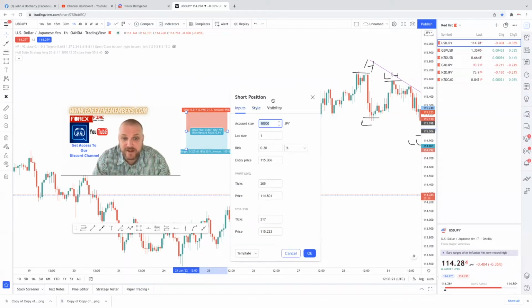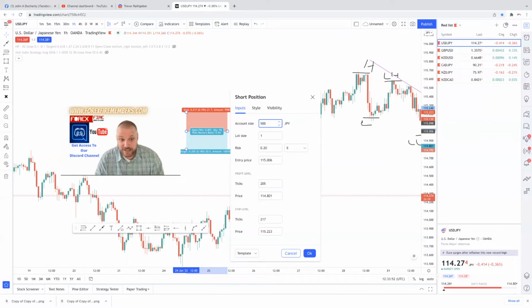Now, this is the area I want you to take notes on, okay? This bit you can take notes on. This bit is important. So on here, you'll see account size. Now, it says JPY at the moment. It's just the currency that's on here at the moment. This isn't imperative, but it can give you a little bit of an insight on how your trade will go. So let's say we'll just put a simple 500, right?